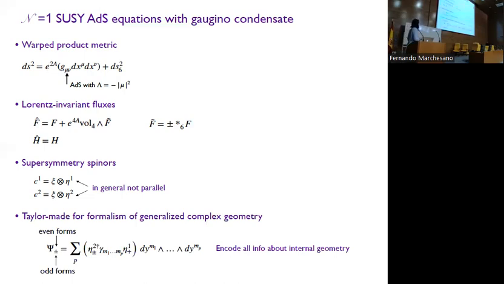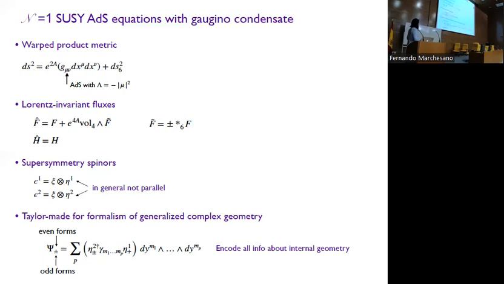You will see why this is tailor-made for the formalism of generalized complex geometry. And don't worry, I won't say too much about it, a little bit. In generalized complex geometry, instead of these two spinors, it's much nicer to work with the bilinears of the two spinors, which are forms. So they are just forms.